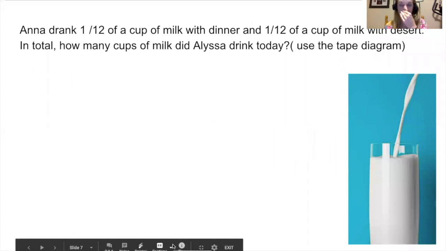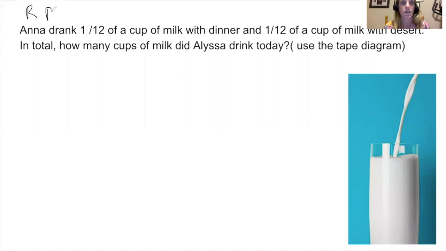Let's try our last model, which is the tape diagram. Remember, for word problems, we are going to read, plan, solve. Let's read first. Anna drank 1/12 a cup of milk with dinner and 1/12 a cup of milk with dessert. In total, how many cups of milk did Anna drink today?